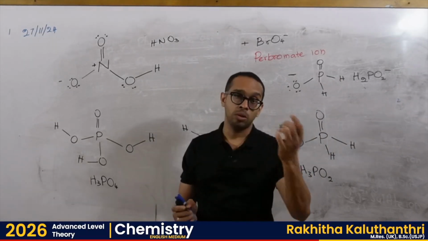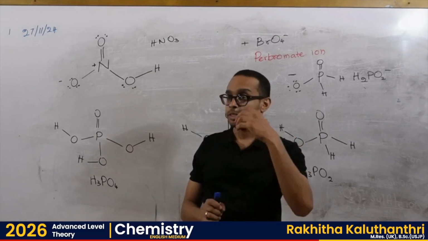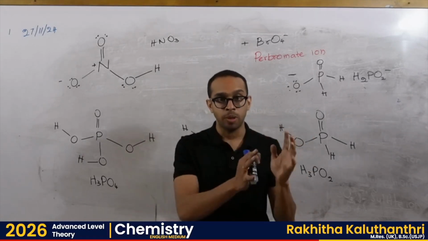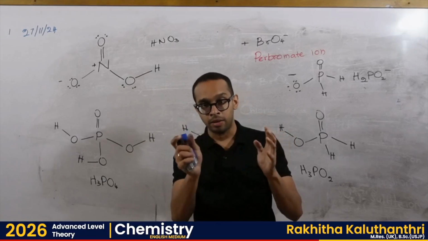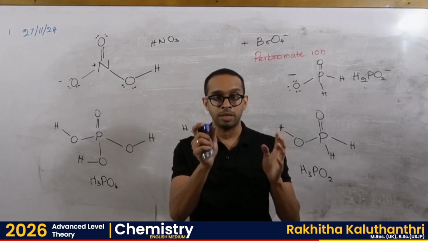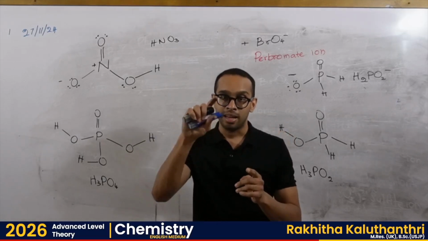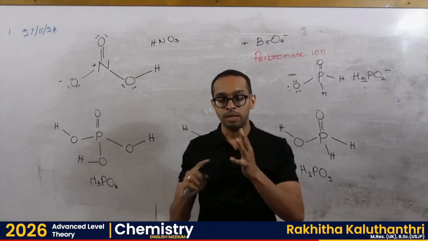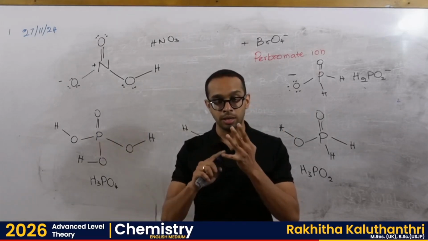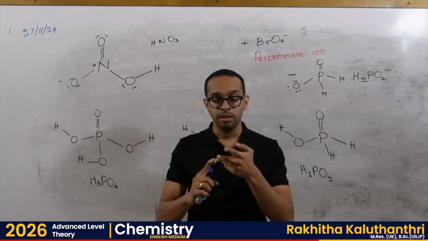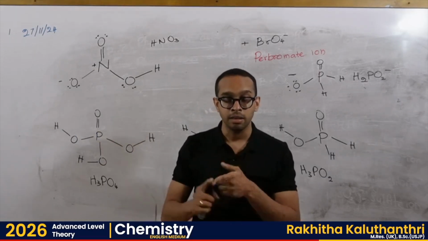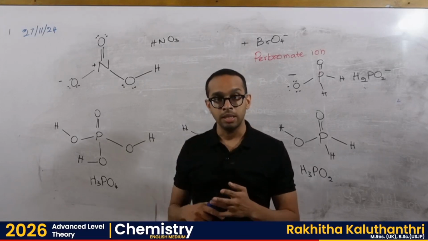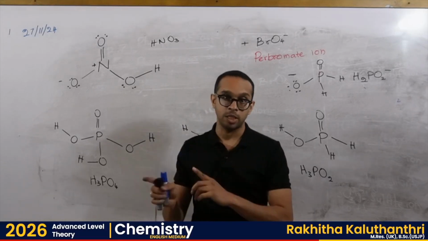Acids without oxygen in the anion are named with the hydro part in the beginning, and at the end of the name we have the IC acid part. So that's why we learned about hydrochloric, hydrobromic, hydroiodic, hydrocyanic and hydrosulfuric acids. We learned about these acids in the beginning of the naming of acids.